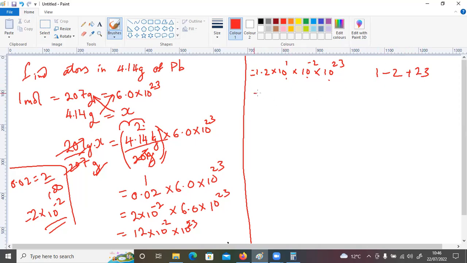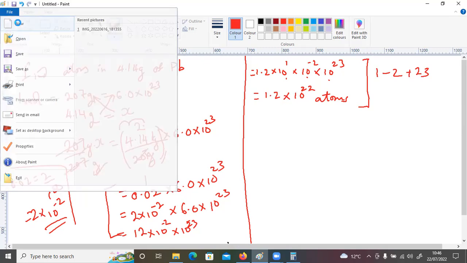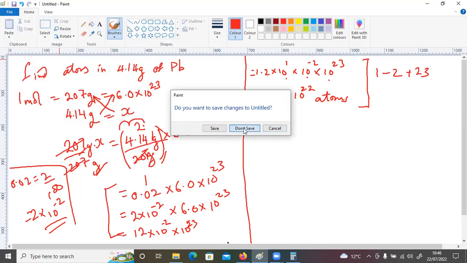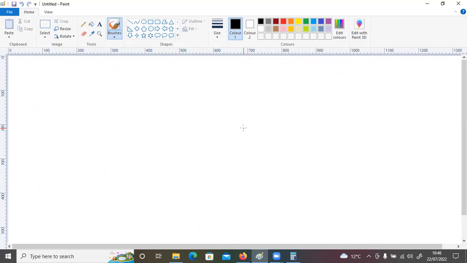It becomes 1.2 times 10 to the power 22 atoms of lead. Majority of this one was the mathematical part, so I need you to be very familiar with how to handle this kind of mathematics. You can go back and check it until you are very okay with it.